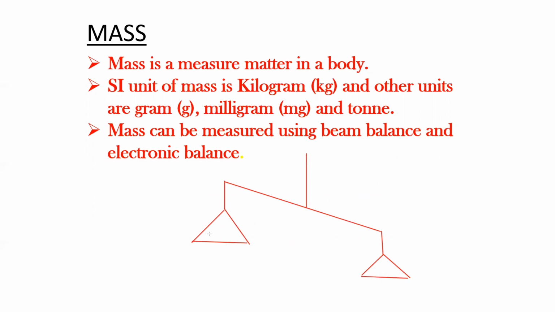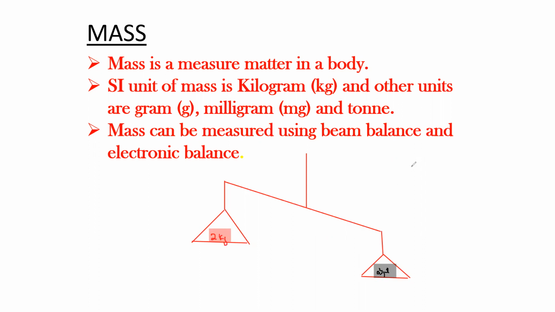And we place, say, 2 kilogram here. On the left hand pan we place a known mass of 2 kilogram, and on the right hand side we place an object.